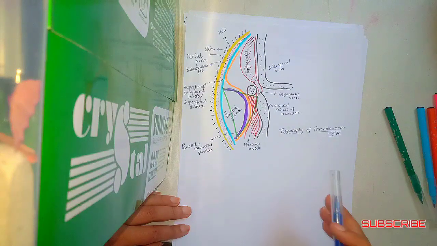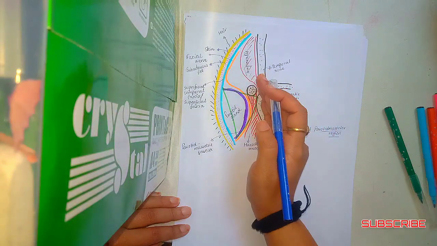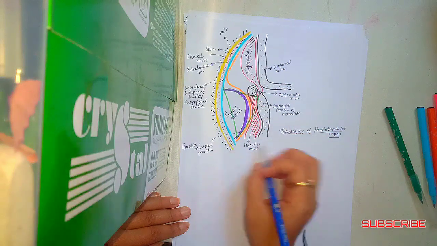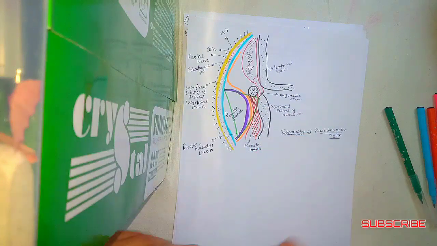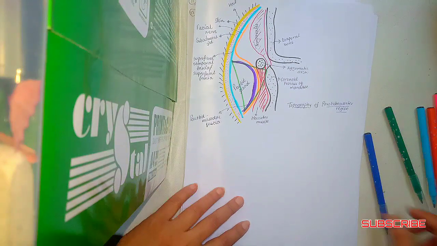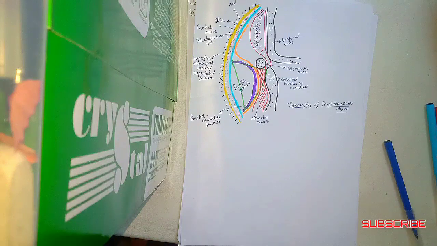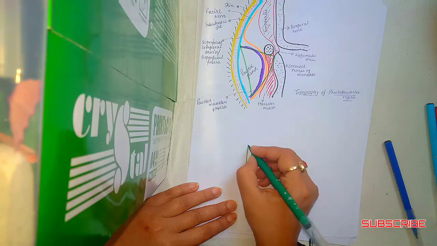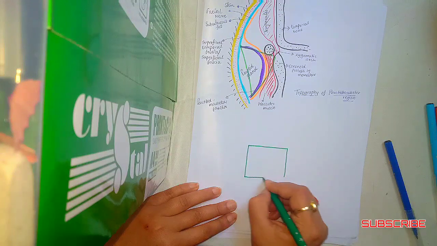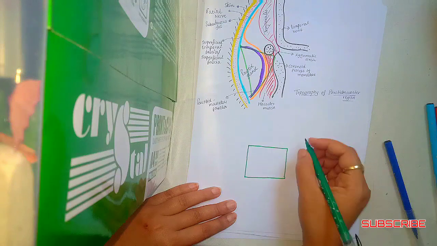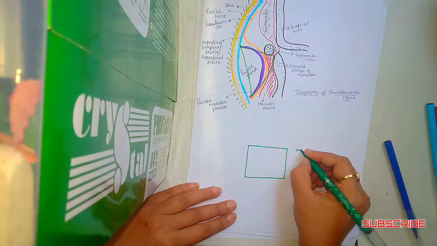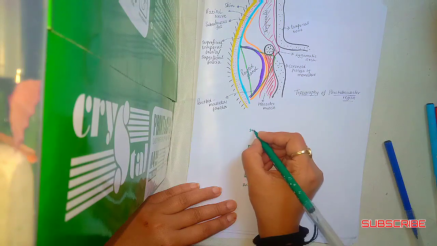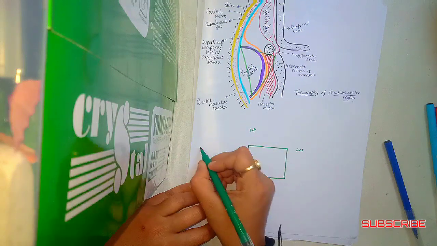Here on the anterior side you can see this part is anterior. You can see the masseter muscle. Inferiorly we have the mandible, like let me draw a diagram here. Here we have a square, right? Anterior, inferior, superior and posterior, right?